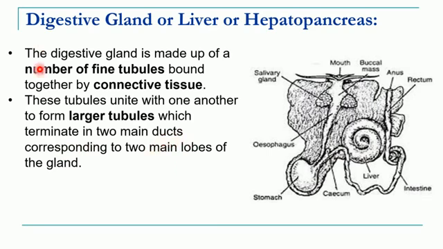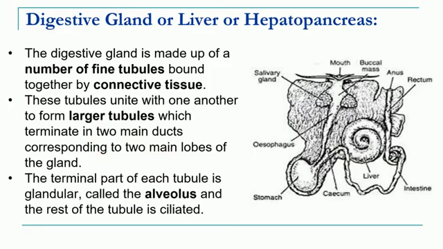To summarize: the digestive gland is made up of finer tubules bound by connective tissue. These converge into larger tubules, which give rise to the two ducts, and these two ducts then connect together while joining the stomach.